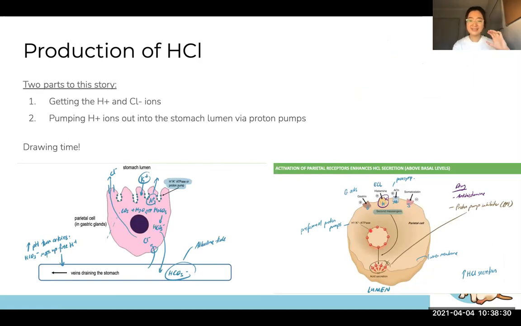We actually need the protons to go out of the cell into the lumen. So first of all, you need these proton pumps to be embedded inside the membrane, which we'll talk about in just a moment. And the second part is, once you have these proton pumps in the membrane, what's the process that allows your hydrogens to be pumped out? To explain all of this, I will attempt a drawing. Hopefully this will work.